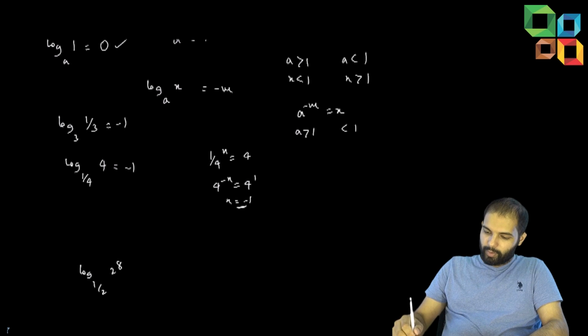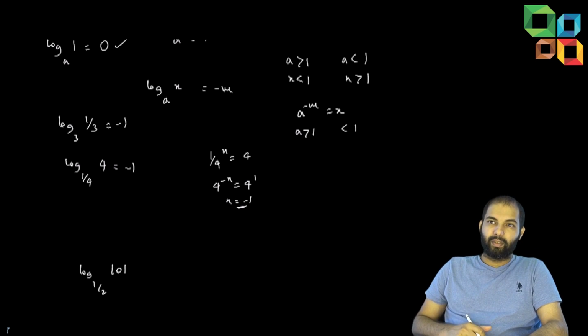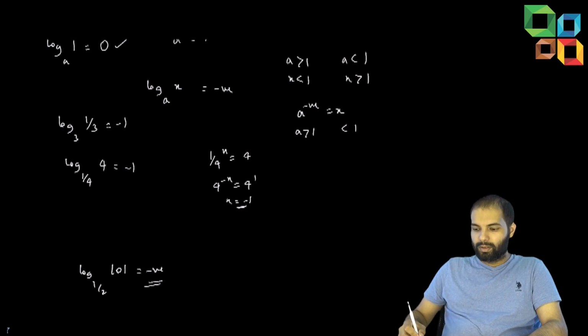Even if you're not able to get the answer, suppose I take say 101. Even if I take 101, you're not able to figure out the answer, but certainly I can tell you that this is a negative number. Still have a doubt?